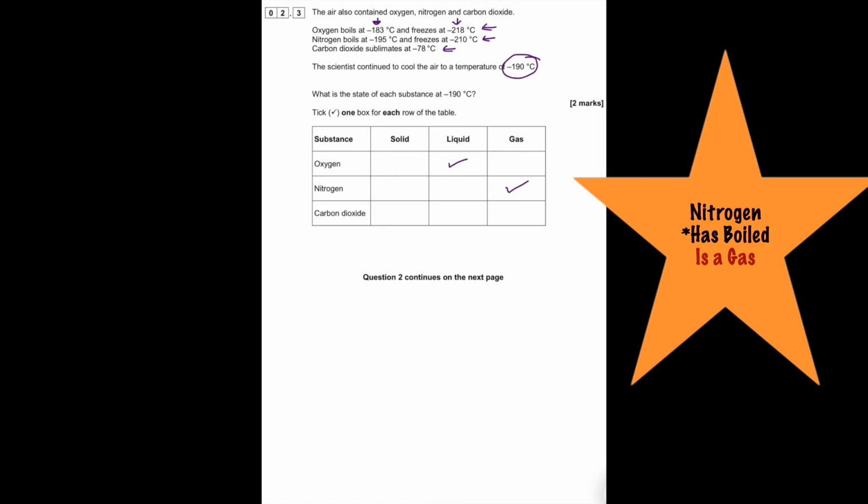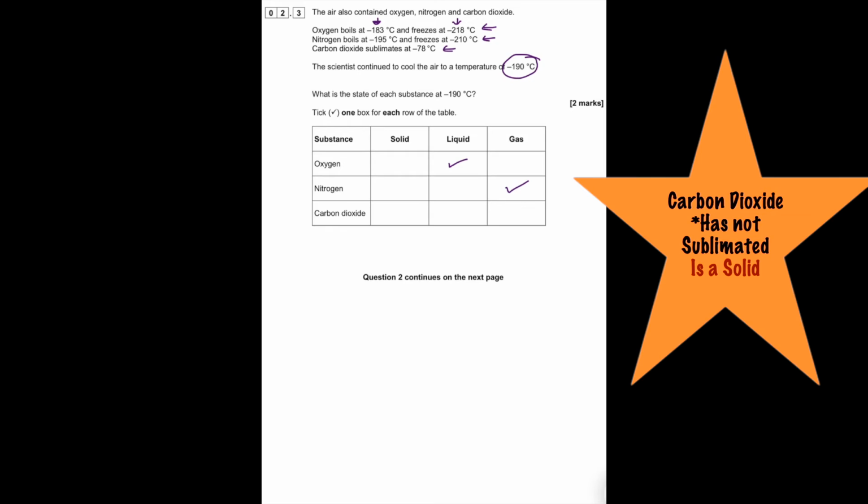So that means if we've got the temperature at minus 190 degrees Celsius, then the nitrogen would have boiled and would be a gas. And then lastly, we've got the carbon dioxide, which sublimates at minus 78 degrees Celsius. So it's not the temperature at which it has turned into a gas, which means it must still be a solid.